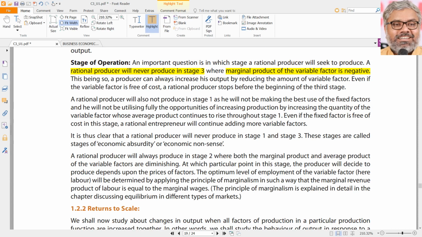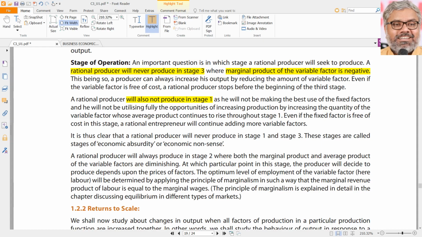Another point is, a rational producer will also not produce in stage 1. He will not stop at stage 1, we can say, because he is not making the best use of the fixed factors. There is still unutilized capacity of the fixed factors. He can further increase the variable factors so that the production still increases. So if somebody settles in stage 1, that is also not a good sign.